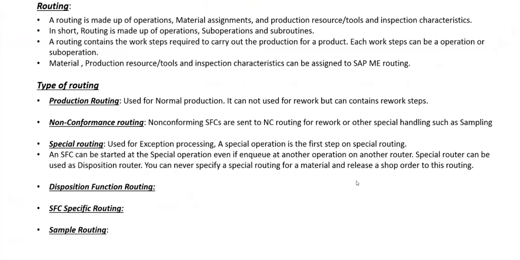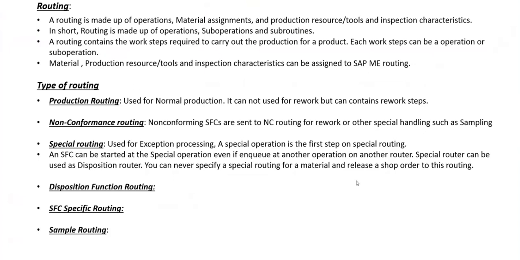And in routing, you can assign a material as well, that is, for which materials this particular routing will be used. Apart from the material assignment, you can even assign production resources and tools (PRTs), and inspection characteristics can also be assigned to the routing.